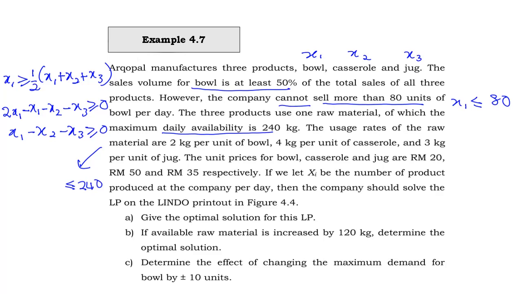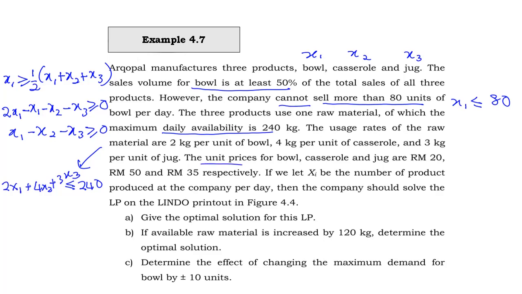So x1 is 2 kg, x2 4 kg, and x3 3 kg. So 2x1 plus 4x2 plus 3x3 less than or equal to 240.